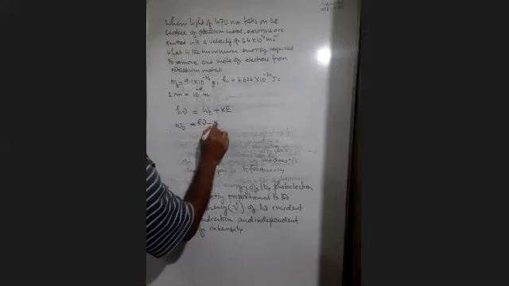So I want to find W0. W0 is equal to h nu minus kinetic energy. See, here the values are so big, so we will not solve it together. We'll solve it separately, and after that we'll subtract.